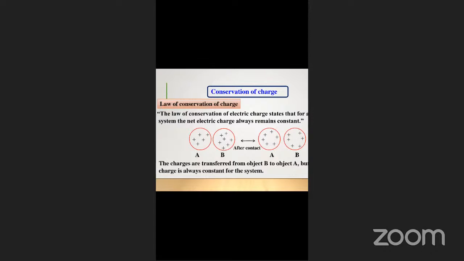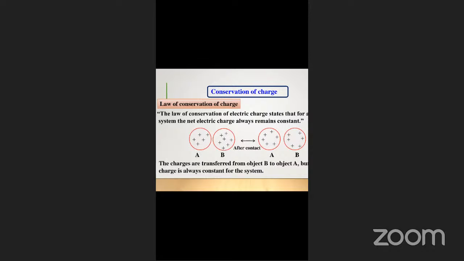We already observed the law of conservation of momentum. Let me repeat it here, like the law of conservation of energy. That means momentum before is equal to momentum after. That is the first year law of conservation of momentum.